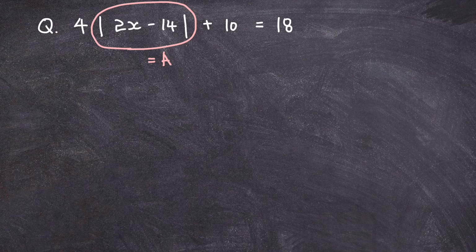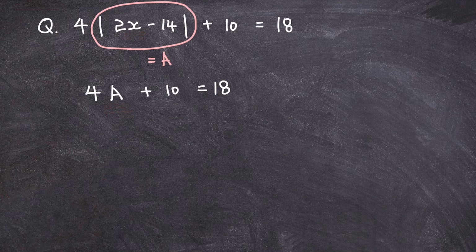I'm going to set that equal to a and rewrite the whole thing. Now, I have 4 times a plus 10 is equal to 18. So I'm going to solve for this variable of a before I deal with the variable of x. I'm going to do that later.